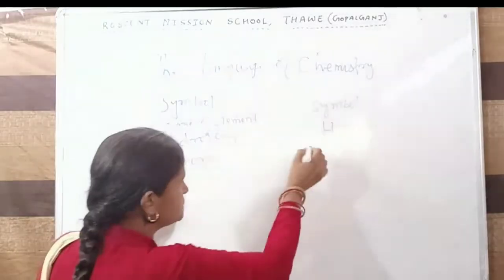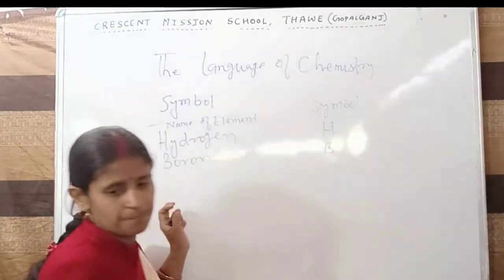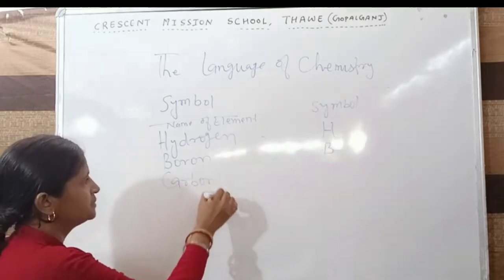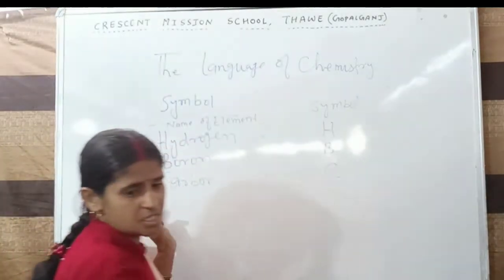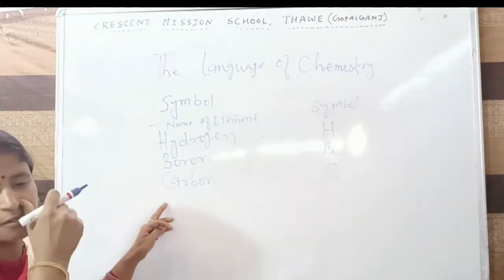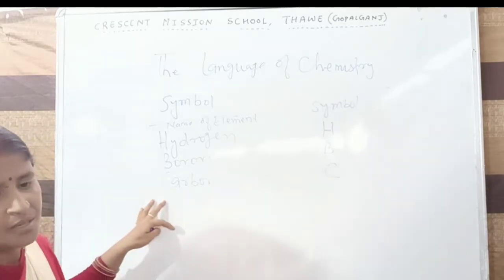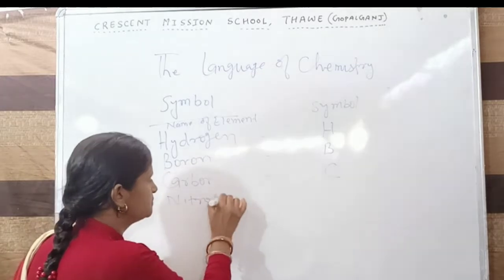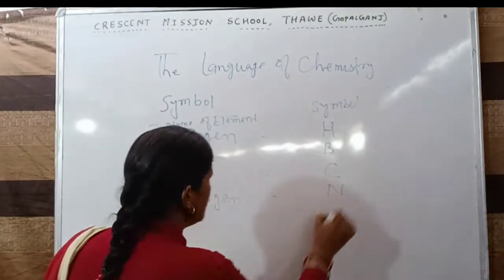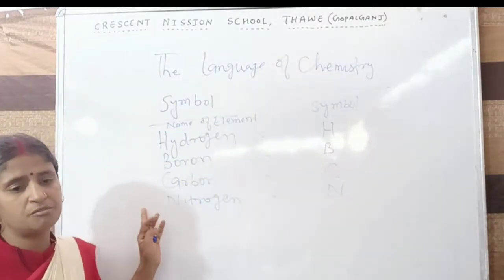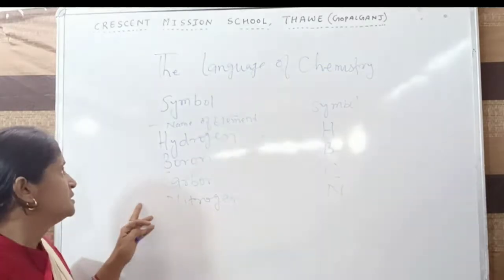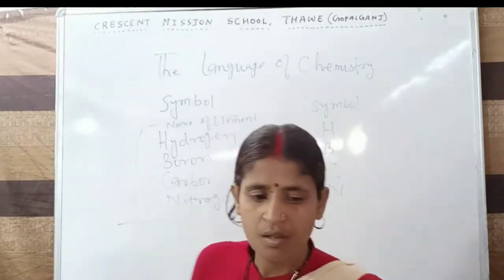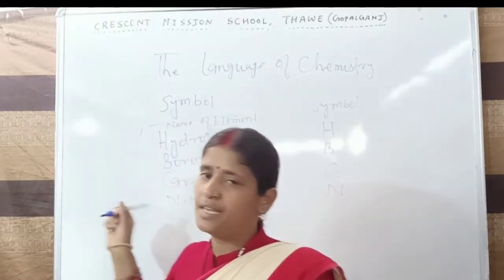Its first letter is B, so its symbol is also B. Third, carbon. Its symbol is C, because the first letter of carbon is C. And next, nitrogen. Its symbol is N, because nitrogen starts with the letter N. These are the names of elements whose symbol is the first letter of the English name of the element.